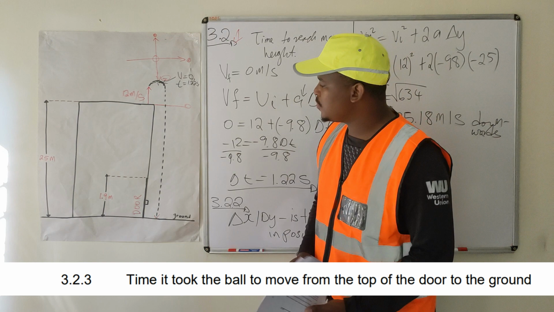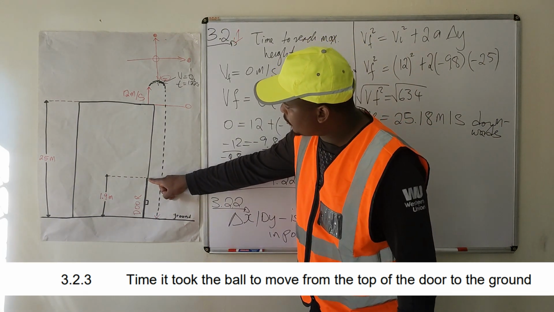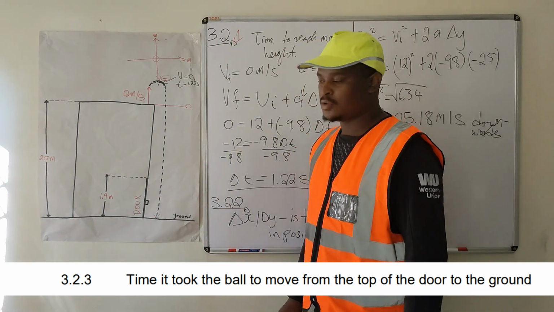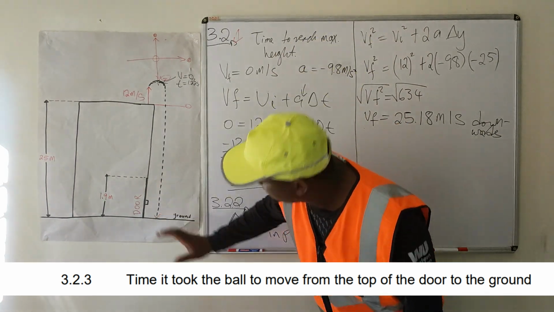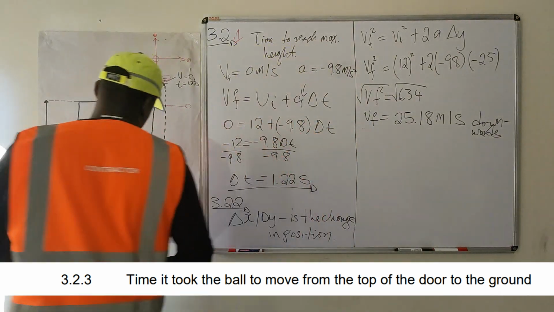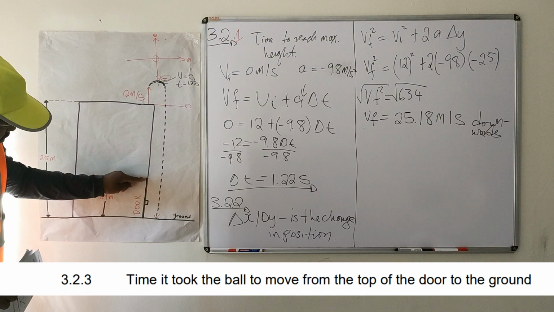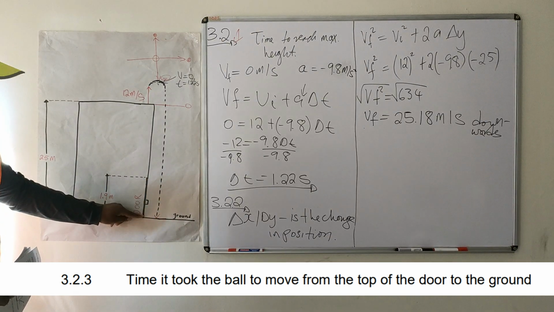So they want us to calculate the time it took our ball to move from the top of the door to the ground. They want this time here, the time from where the ball was to where it got to.